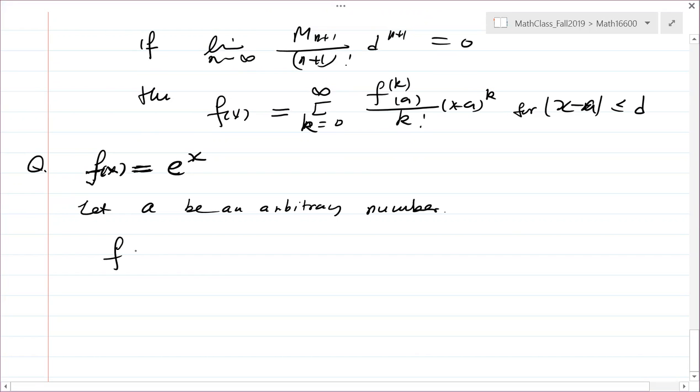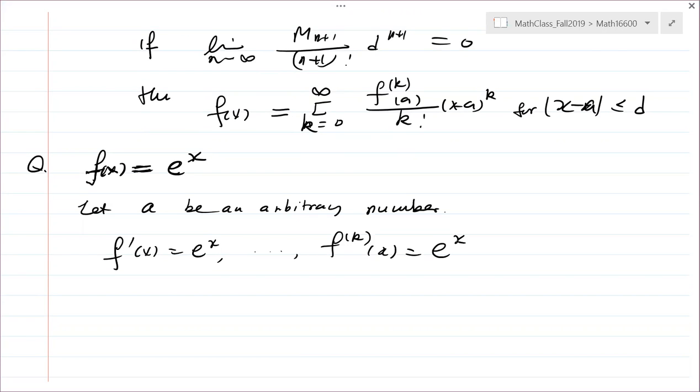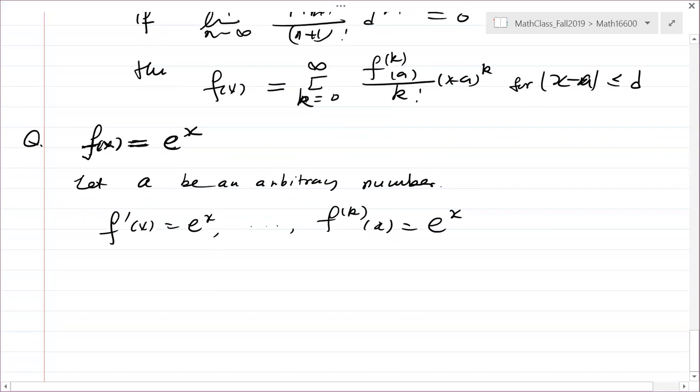Then I have to calculate the coefficients. So let me find the derivative first. When you differentiate, you know that it's always the same, no matter how many times you differentiate. That's a good part. So it makes it easier to find the general formula for the derivative.